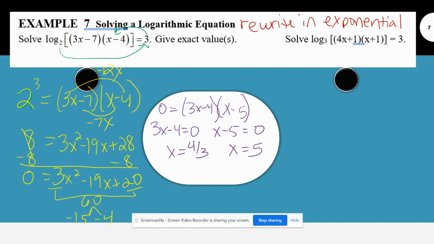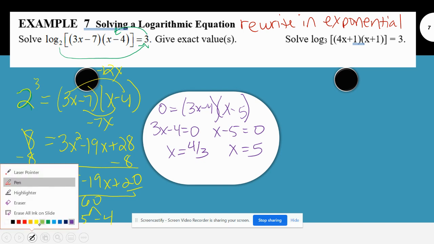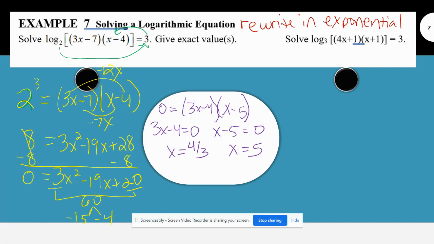We still need to check that these are going to be valid solutions. And so, plugging in the 4/3, we have 3 times 4/3 minus 7, and that times 4/3 minus 4.